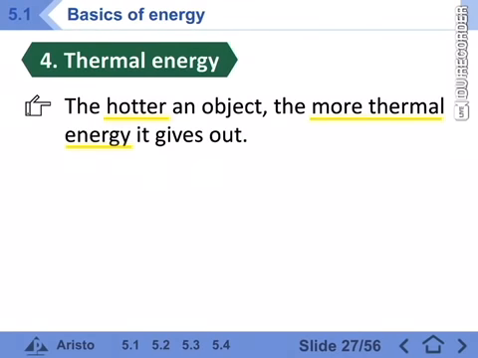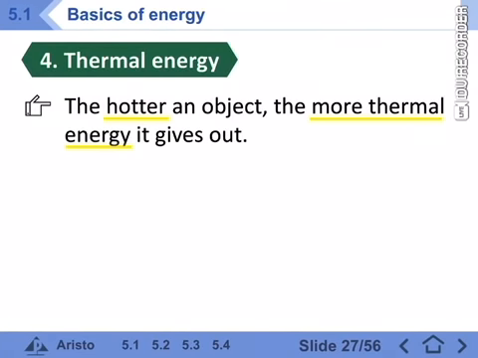If you put it inside a refrigerator, the thermal energy given out by the glass of water will go into the refrigerator. And when it gives out a lot of thermal energy, it will start to freeze into ice. So not only hot objects give out energy, but cold objects can still give out thermal energy.